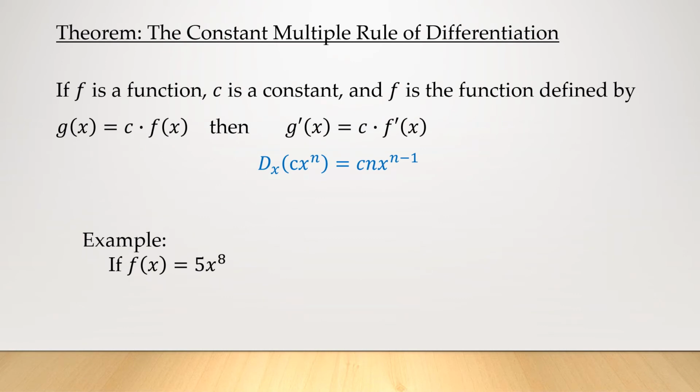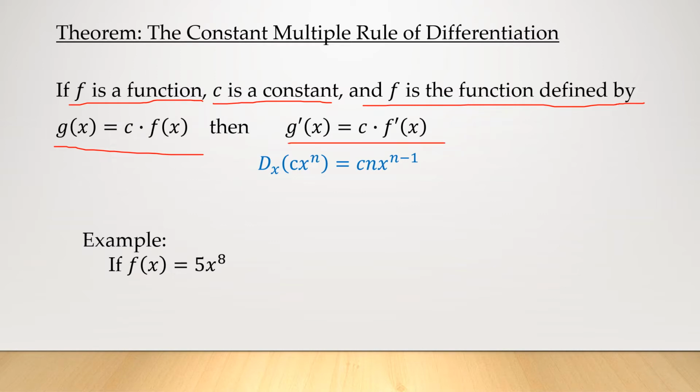The next theorem is the constant multiple rule of differentiation. If f is a function, and c is a constant, and g is the function defined by c times f of x, then the derivative of g is c times the derivative of f of x.